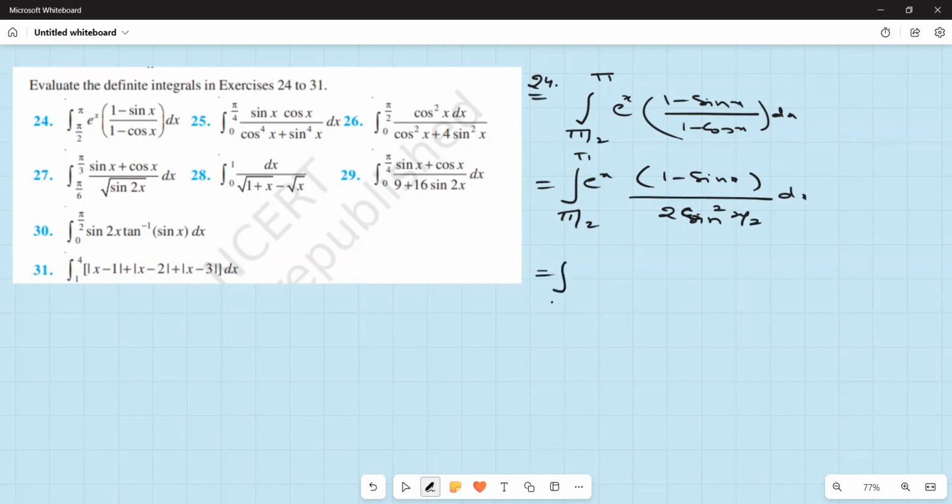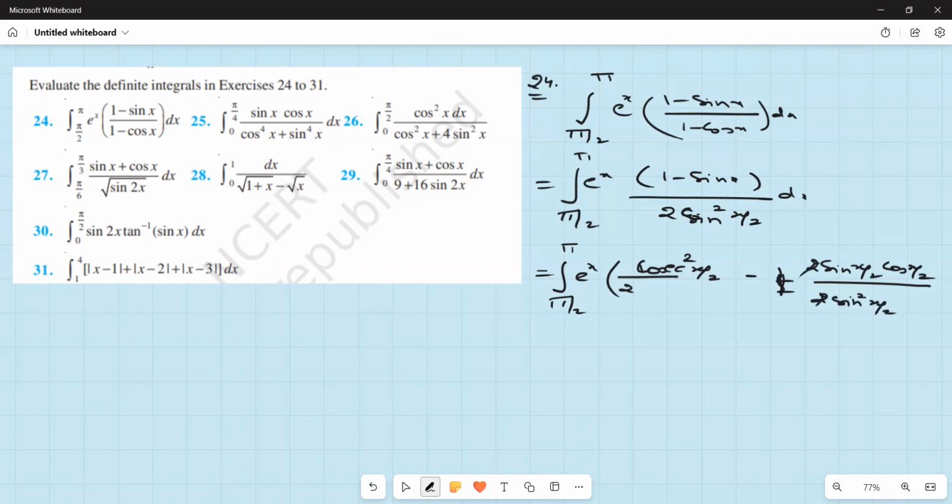So can I write this as e^x [1 by 2 cosec square x by 2 minus 1 by 2 sin x by 2 cos x by 2 ...]. Because sin 2 theta, if I use the formula 2 sin x cos x, the half angle will be this, over 2 sin square x by 2. So 2 cancels, one sin cancels, so I am getting cot x by 2.